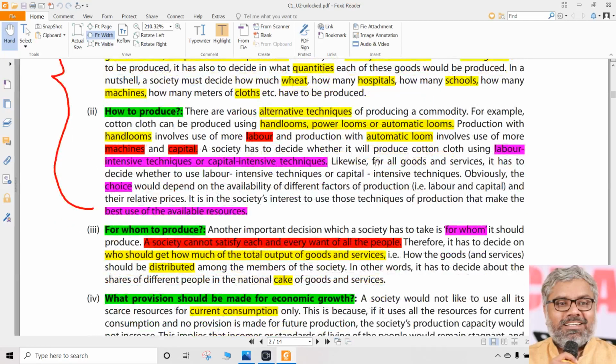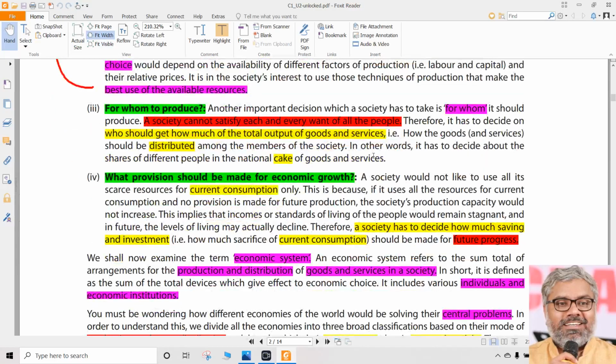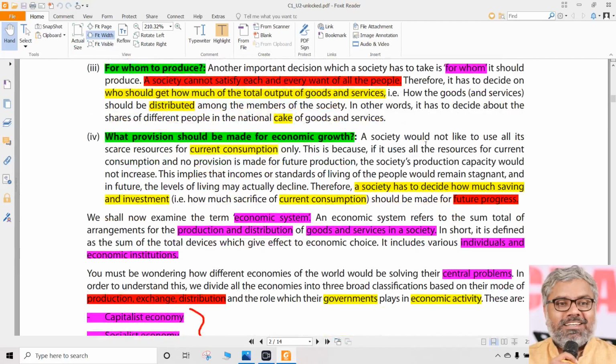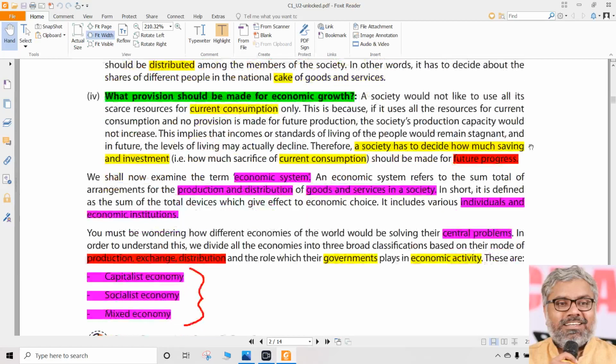How to produce is a selection of technology, we can say, or the process of production. For whom to produce is about distribution of goods and services to different segments of the society; how already produced goods should be distributed among the members of the society is answered by the question for whom to produce.